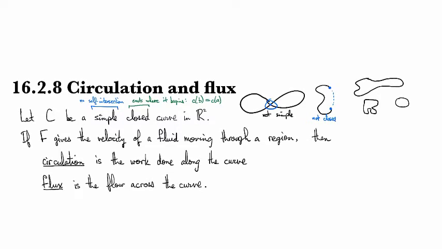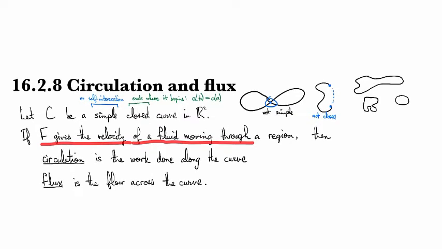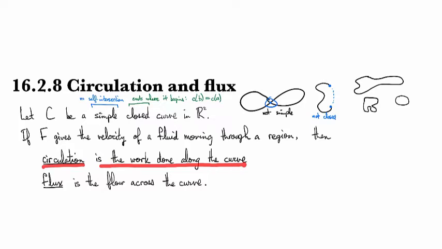All right, so let's see. So now, if F gives the velocity of a fluid moving through the region, then the circulation is the work done along the curve, and the flux is the flow across the curve.